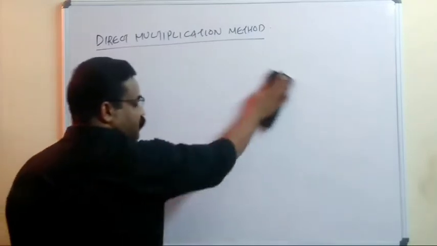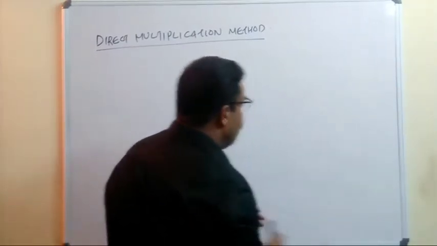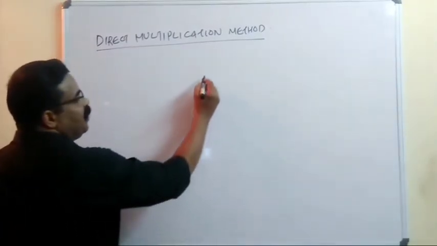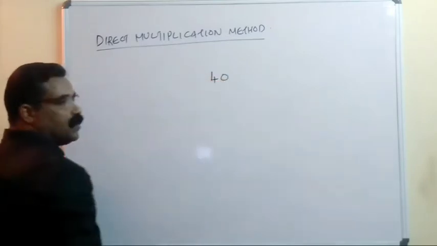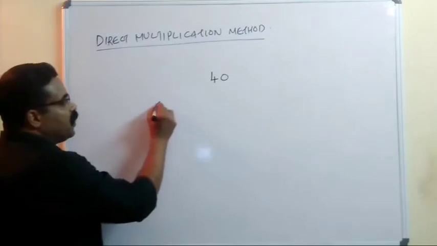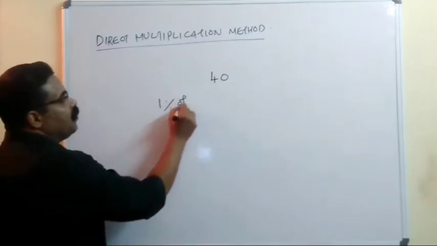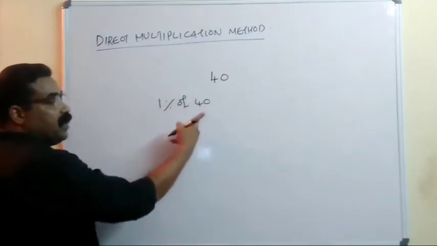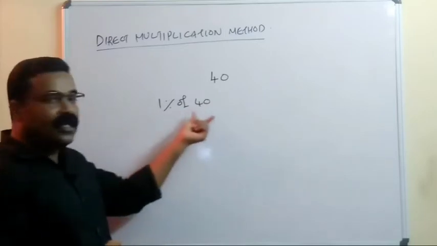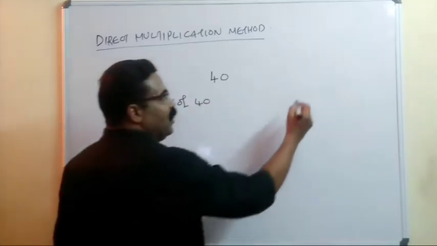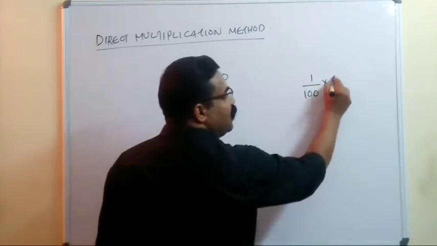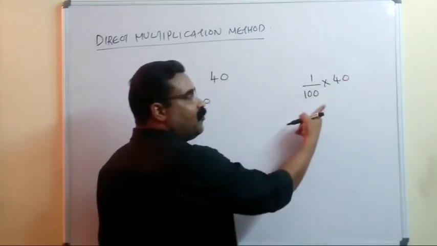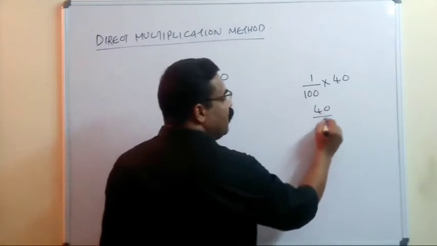For example, I have a number, I am taking the number 40. I want 1% of 40. 1% of 40 means originally 1 by 100 into 40, which is equal to 40 divided by 100.